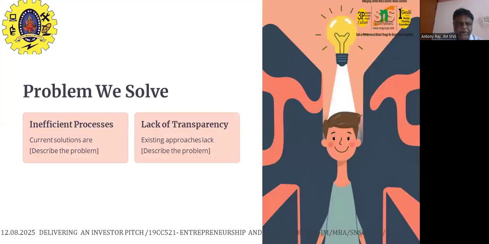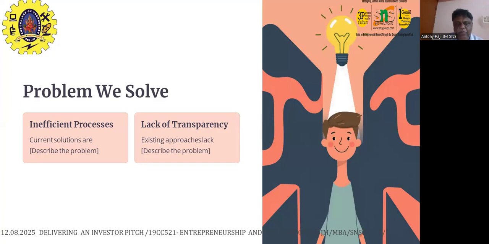And next is a very important area. What is the problem this particular product or service is going to solve for the customers? So you have to very clearly describe the customer pain points, the problem statements, the market gaps. We're going to combine all this and show very clearly that this is the problem we're going to solve.